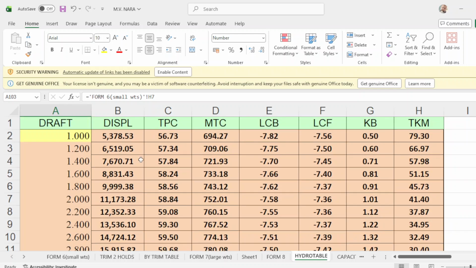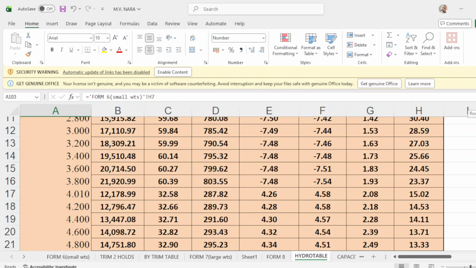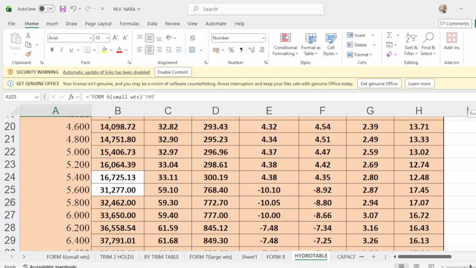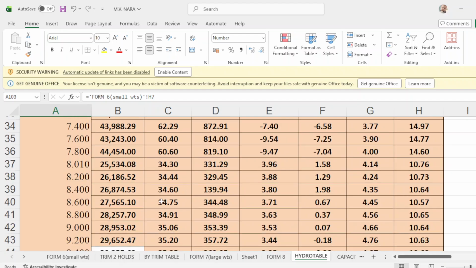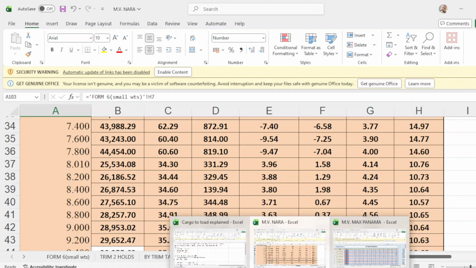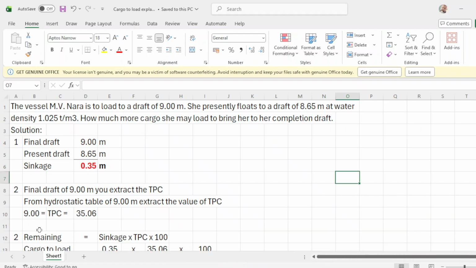TPC is just next to your displacement. You scroll down to 9 meters. This is your displacement, and this is your TPC. Your TPC at 9 meters is 35.06.